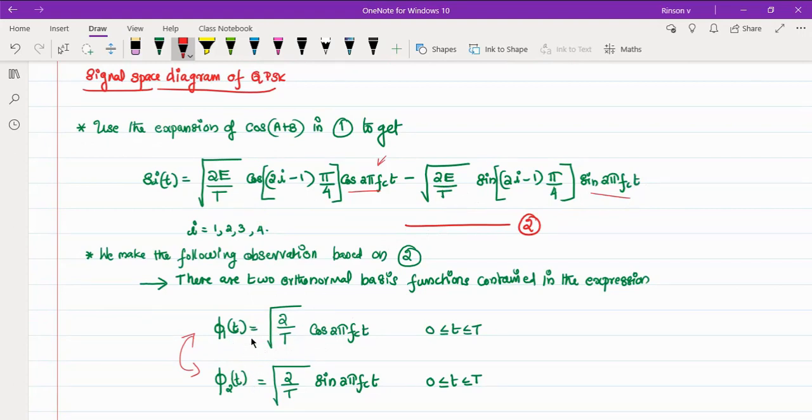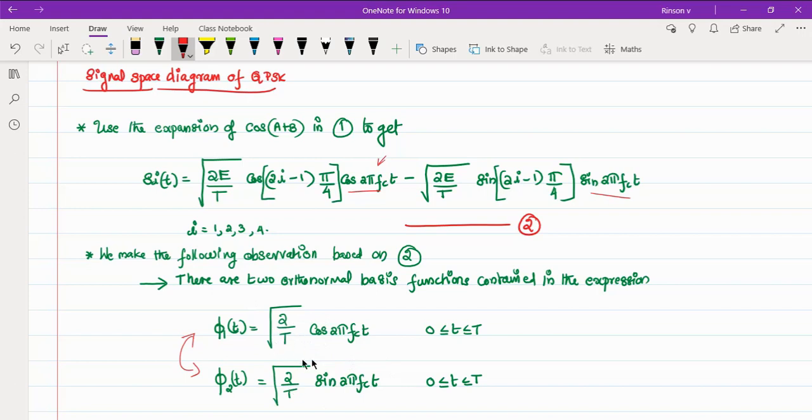These are an orthonormal set of basis functions. If you take the inner product between these two, it will be 0 because one is cos and the other one is sine. They are at 90 degrees, so the inner product will be 0. They are orthogonal. In fact, cos and sine are orthogonal.